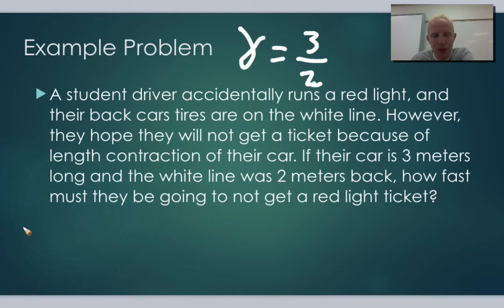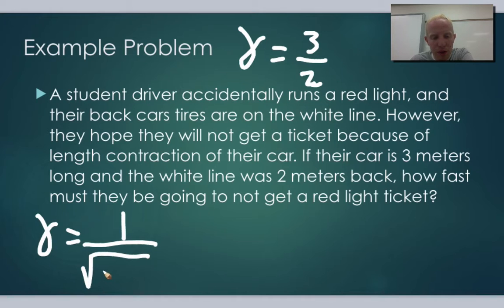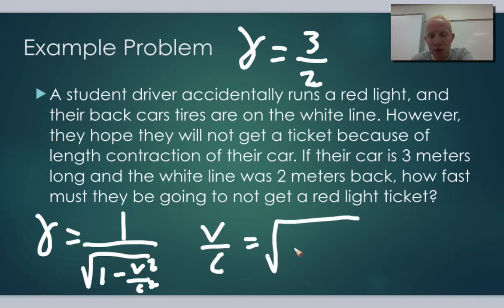Okay, so now we just solve this equation. Gamma equals 1 over square root 1 minus v squared over c squared. And again, we just solve that for v so we can figure it out. And in the previous video, we did this derivation. We showed that v over c equals the square root of 1 minus 1 over gamma squared.